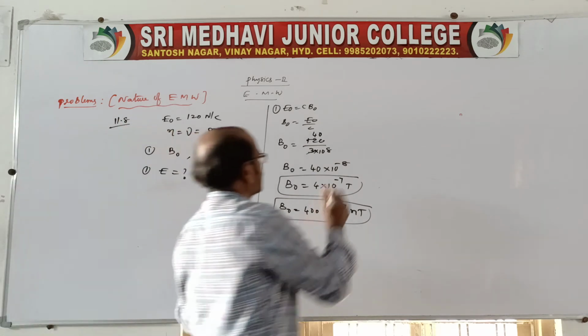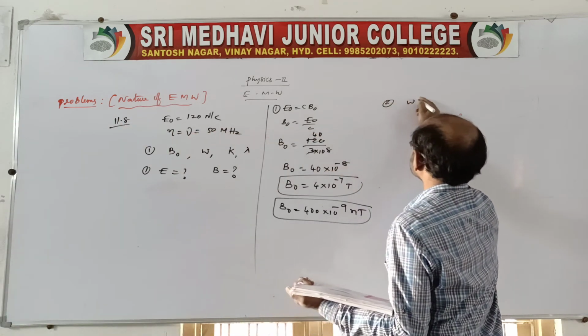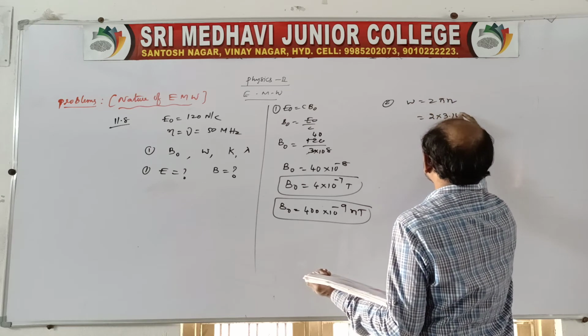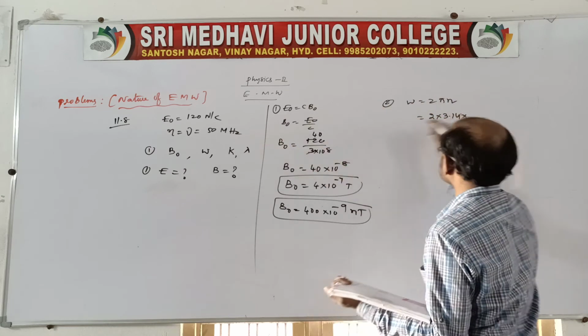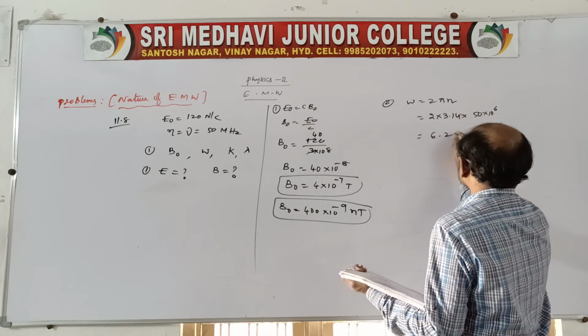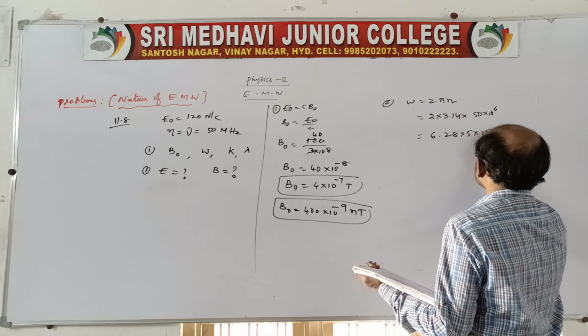Omega. We know omega is equal to 2 pi into nu. So 2 into 3.14 into nu, where the frequency given is 50 megahertz, that is 5 into 10 power 7. So it is 6.28 into 5 into 10 power 7.